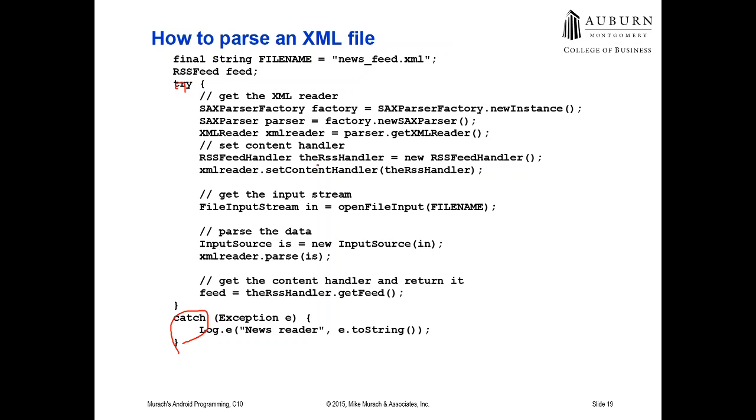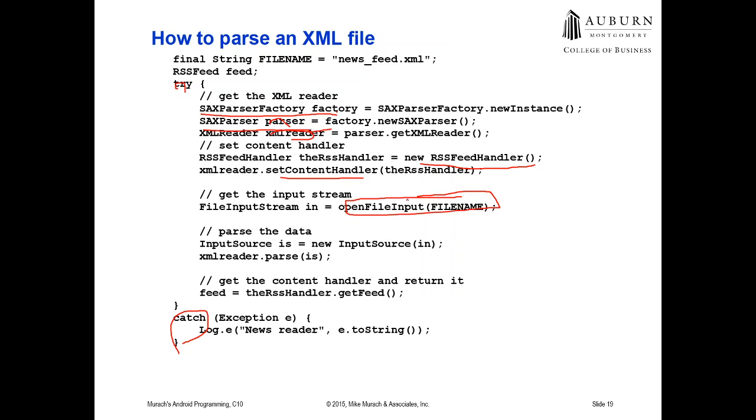So to parse the XML, you have to use those routines, factory and parsers and reader, and the RSS feed handler, content handler. First you need to open the file, right?